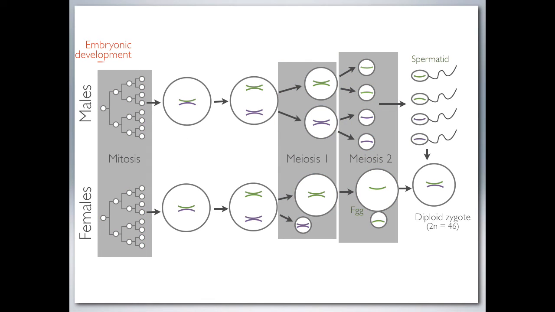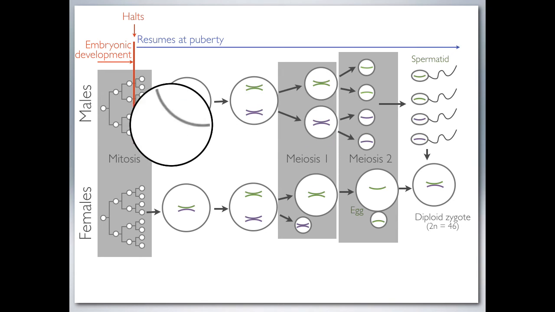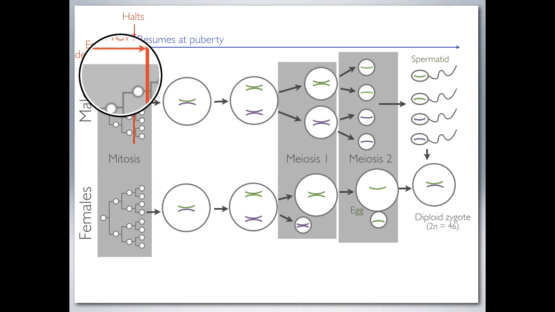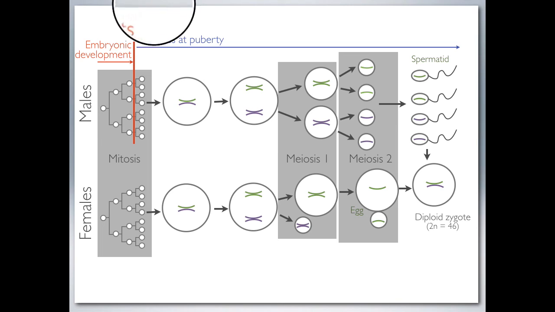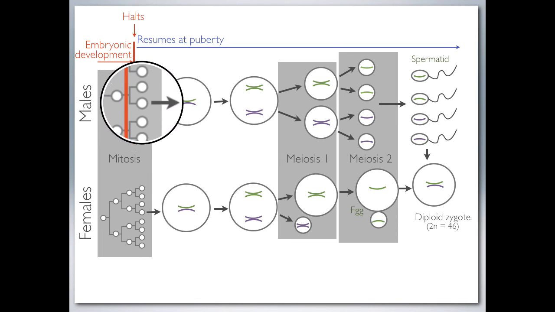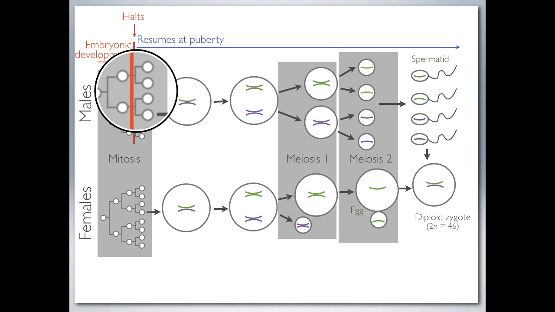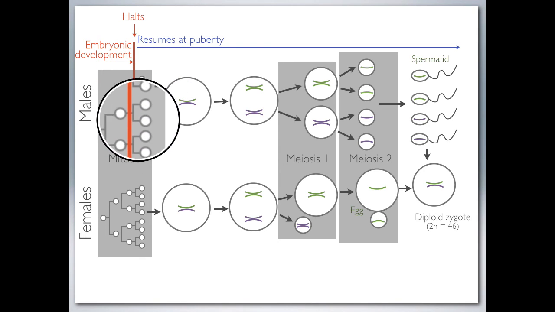So in the case of males, embryonic development includes a whole series of mitotic divisions. And those mitotic divisions halt when a male is born. And it basically stays in that frozen state until puberty. And then when puberty occurs, then the mitotic divisions resume. And males produce, again, just a ridiculous number of sperm.